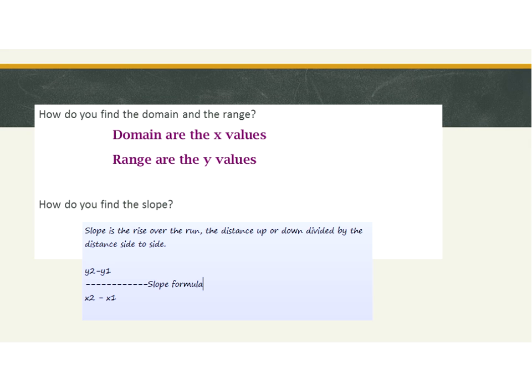Slope is the rise over the run, the distance up or down divided by the distance side to side. y2 minus y1, that's your numerator. x2 minus x1 is your denominator. I see Faith is typing.